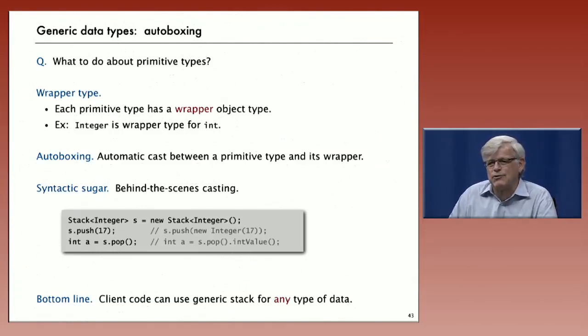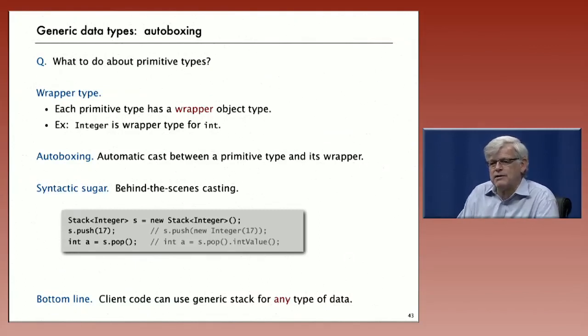Integer with a capital I is the wrapper type for int, and so forth. Many of you are probably familiar with that. And there's a process called auto-boxing, which automatically casts between primitive types and wrappers. So all of that handles the problem of dealing with primitive types kind of behind the scenes.